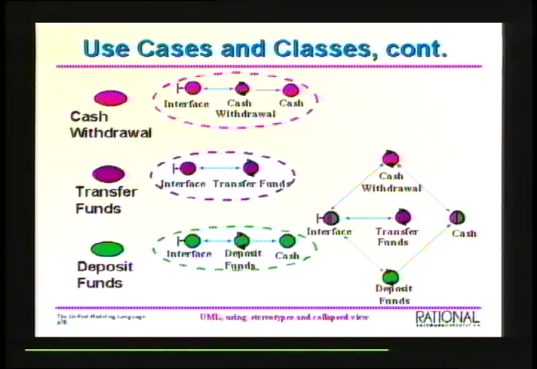Each use case here will correspond to an interaction class, and that has the notation of an ellipse with a dashed line. So for each use case, we identify an interaction. And an interaction has a number of participants, and these are the classes that participate in an interaction.